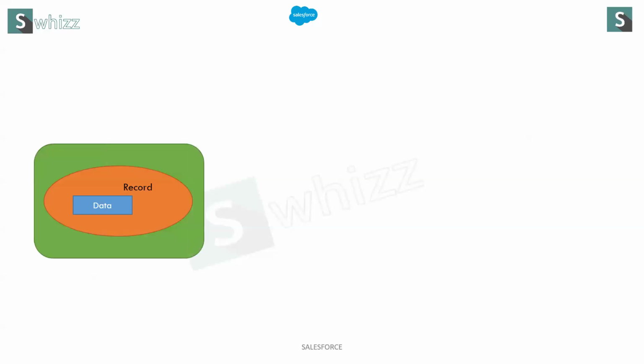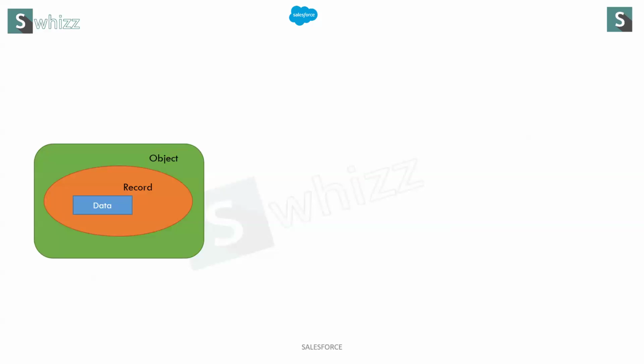So where will this record be stored? Cloud. Okay, cloud. But before that, what am I creating? I'm creating a record of which object, right? So the record will be stored in the object. Okay. So we went to the lead tab. A tab is nothing but an object.